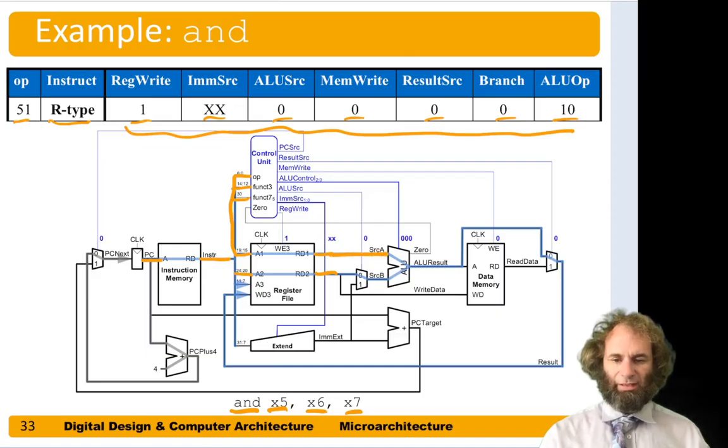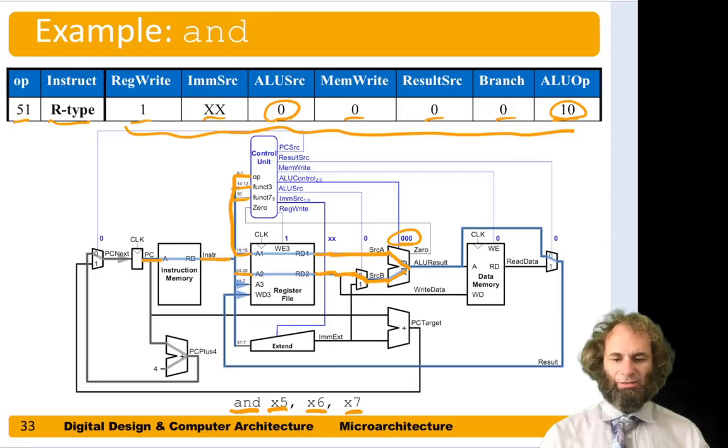X6 goes straight to the ALU. X7 goes to the source B multiplexer. Because ALU source is 0, we choose X7 instead of an immediate as the second source. Now the ALU gets an ALU control of 0, 1, 0 from the ALU decoder because ALU op was 1, 0 and the instruction said do an AND.